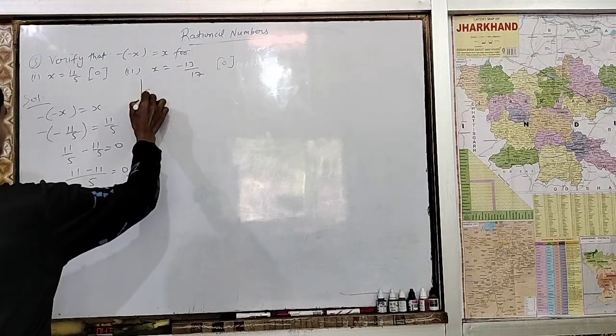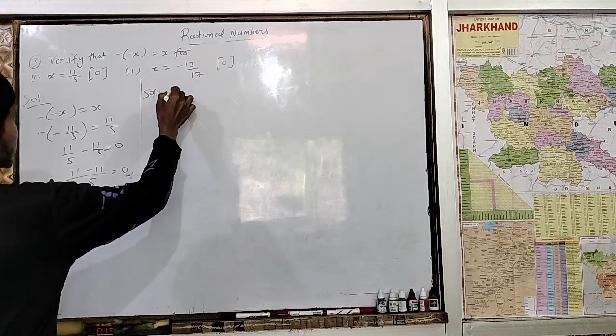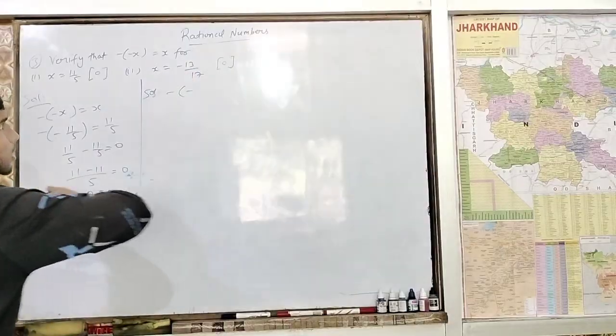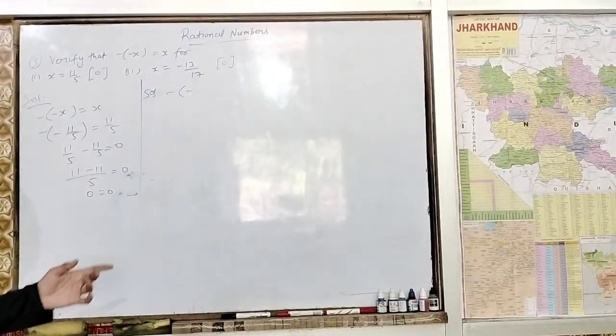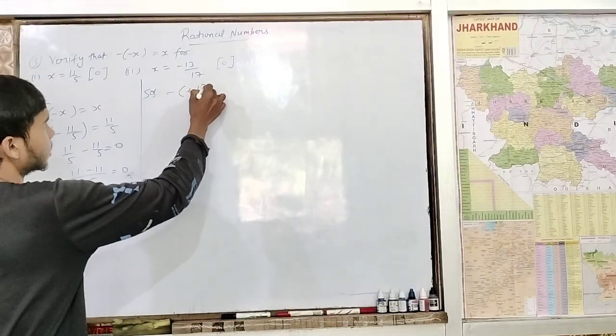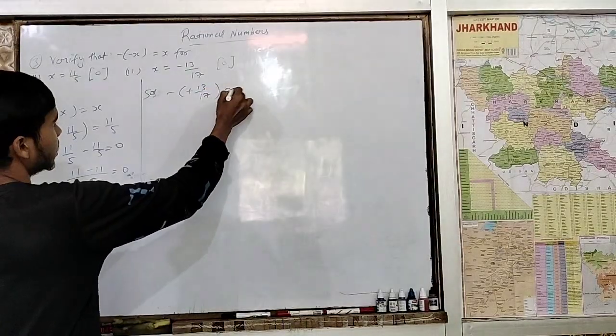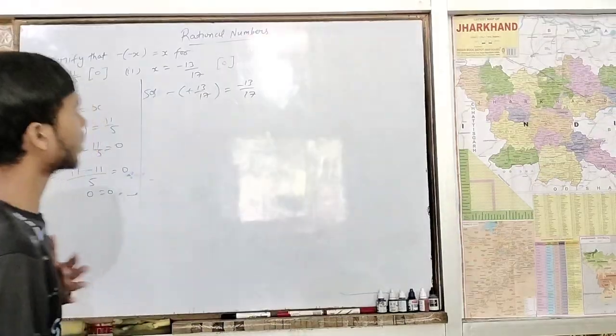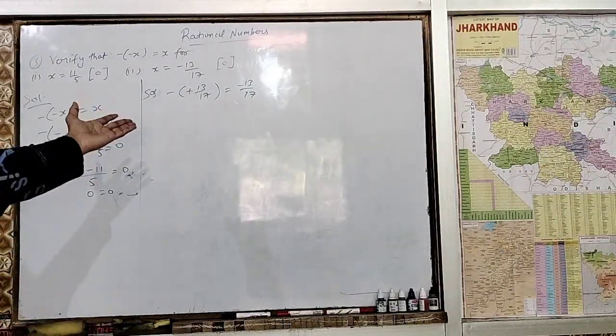Here look at it for this question. Minus, then minus, we have this. So already we have a minus 13. It will become 13 upon 13, and then we have minus 13 upon 17. Now our work is to simplify this.